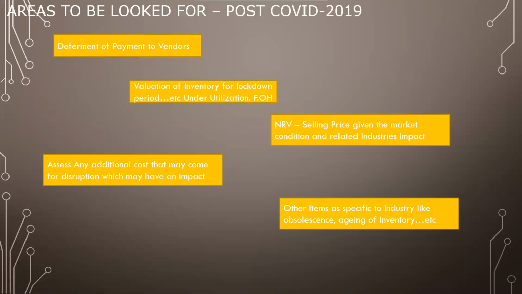A lot of companies may have inventory in transit due to lockdown, and if these are perishable goods, or goods which cannot be used over a certain period of time, those items have to be kept in mind while doing the inventory valuation for this year.